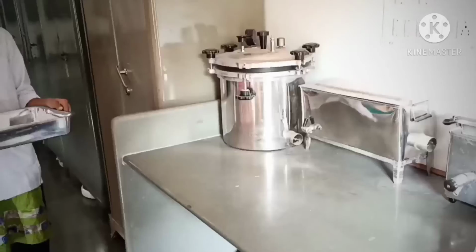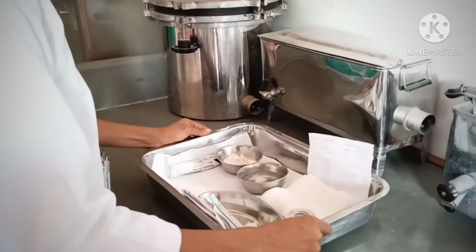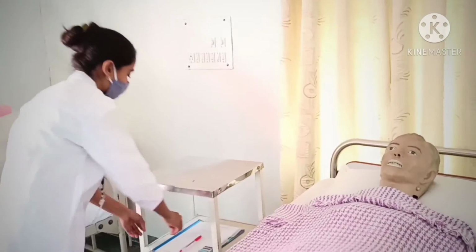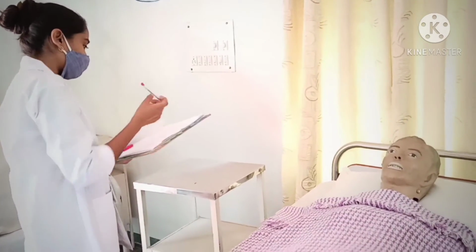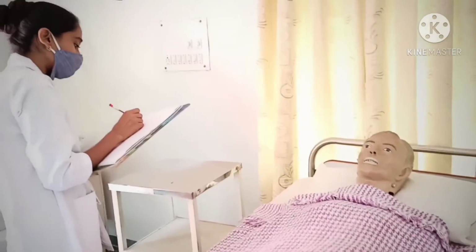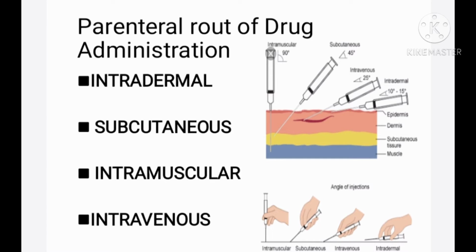And replace the articles in the utility room and wash hands thoroughly. Now record the medication applied with the date and time of application along with any significant findings. So here the topical route of drug administration is completed.